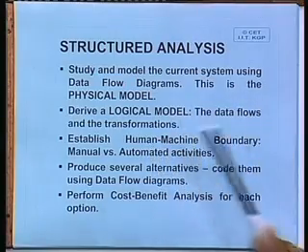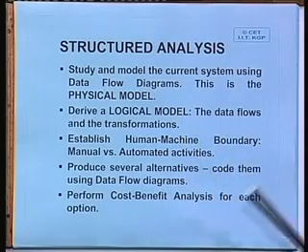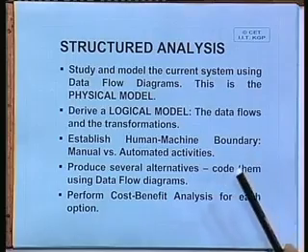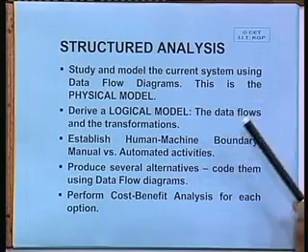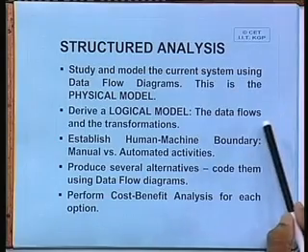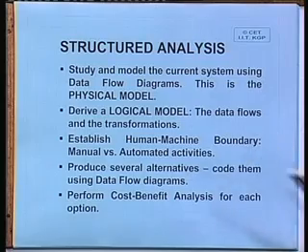Then we have to derive the logical model. Naturally, the logical model need not be one, there may be a number of logical models which may be derived from the physical model. Whatever logical model we may choose, you have to show the data flows and what transformation they undergo, in terms of DFD again.